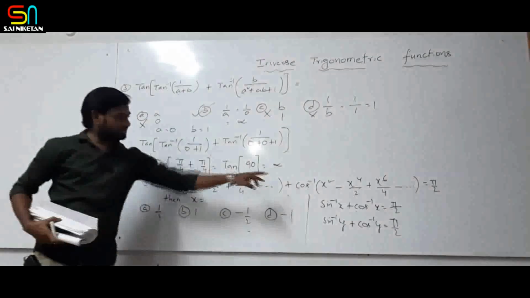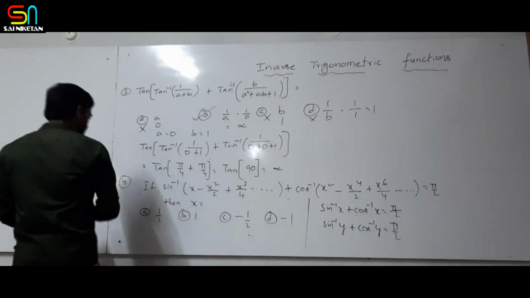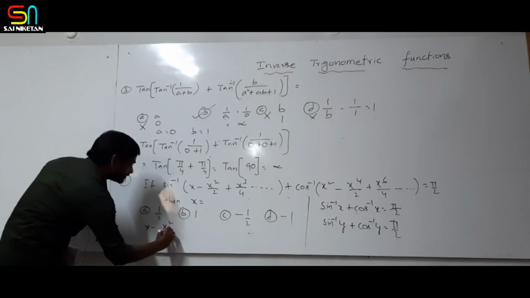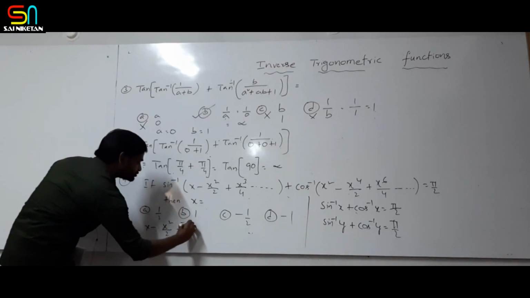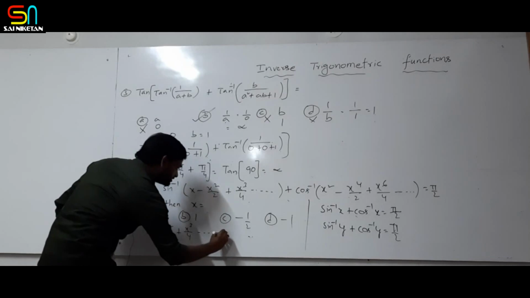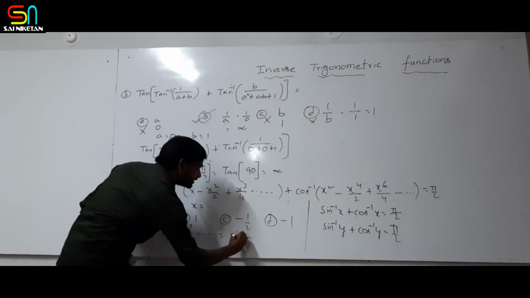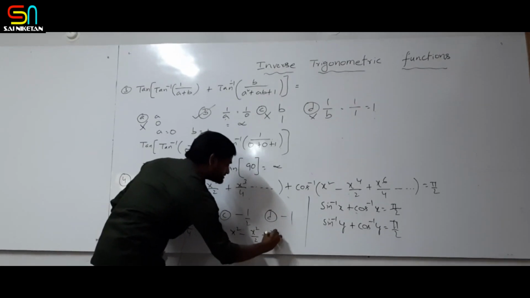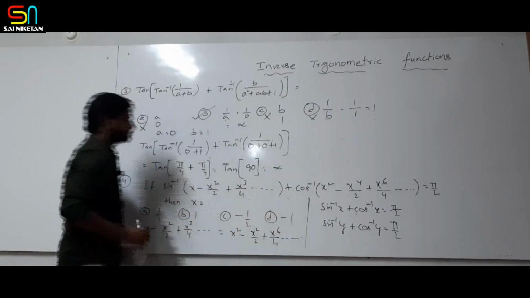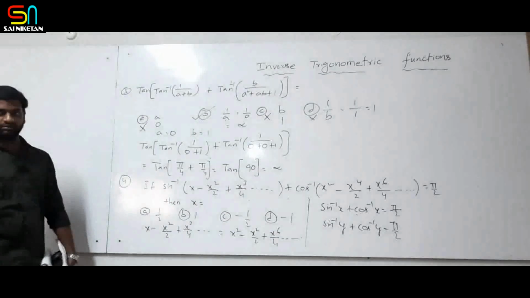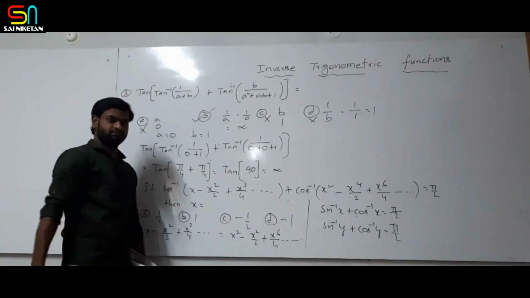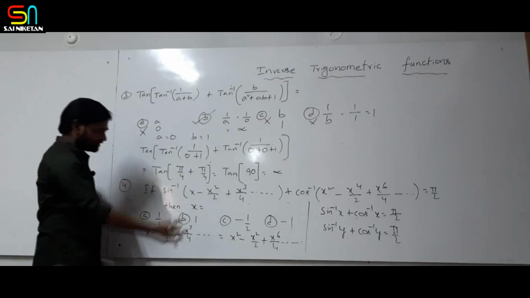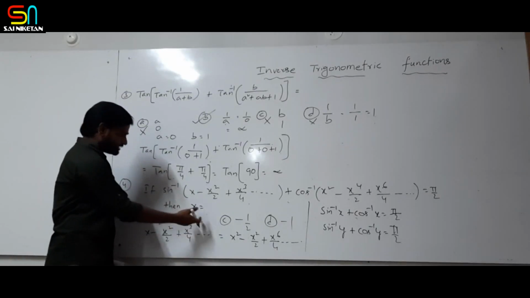So I am writing: x minus x square by 2 plus x cube by 4 and so on is equal to x square minus x power 4 by 2 plus x power 6 by 4 and so on. He is saying these both are equal. For which value of x are these both equal? Out of all these values, which is simple? Suppose I am choosing x equal to 1.